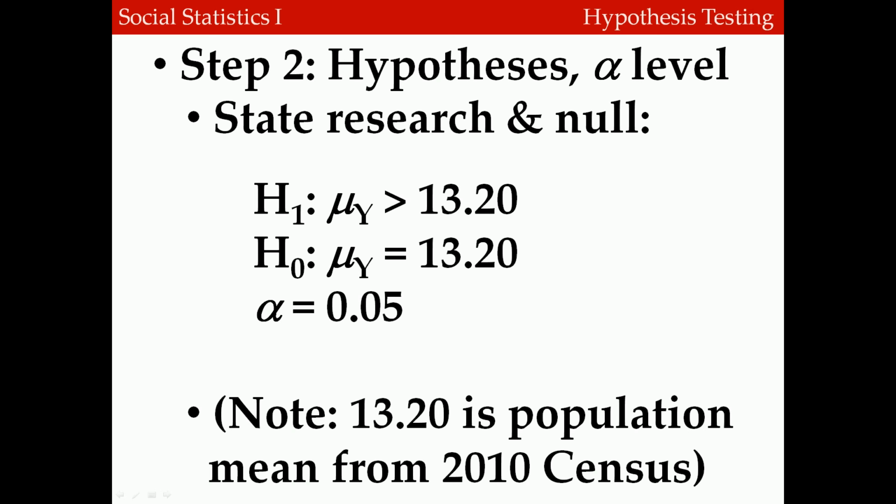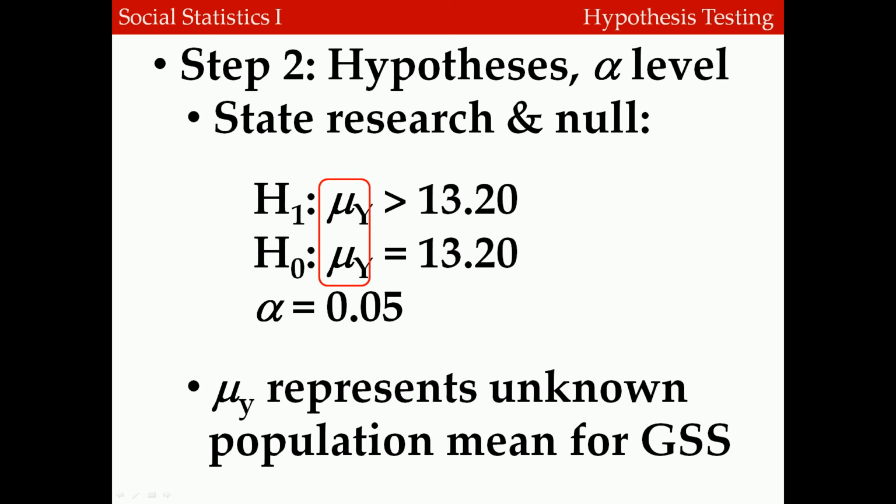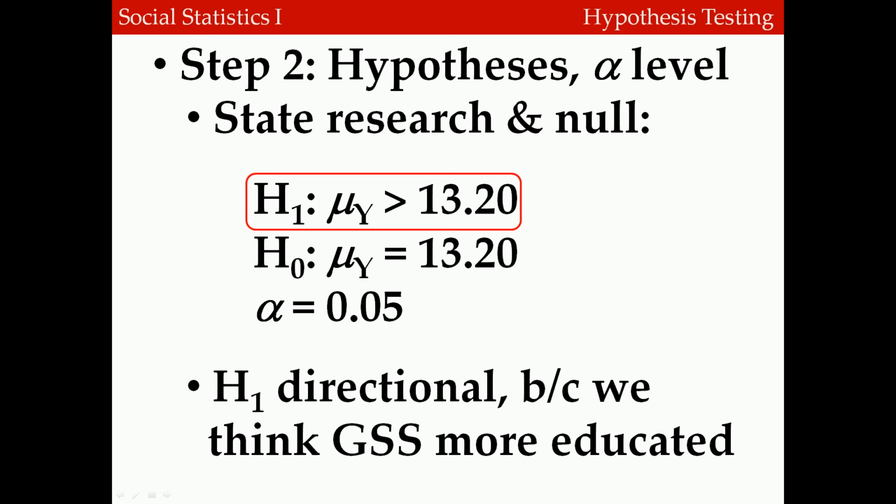Okay, the second step is to state our research and null hypotheses, and we have to state our alpha level. And so we'll use mu sub y to represent the unknown population parameter, that is, the unknown average education from the population from which the GSS sample was drawn. And we're going to state our null and research hypothesis. Our research hypothesis, h sub 1, is that that value is greater than 13.2. And recall that 13.2 is the census number that represents the average education of the adult population.